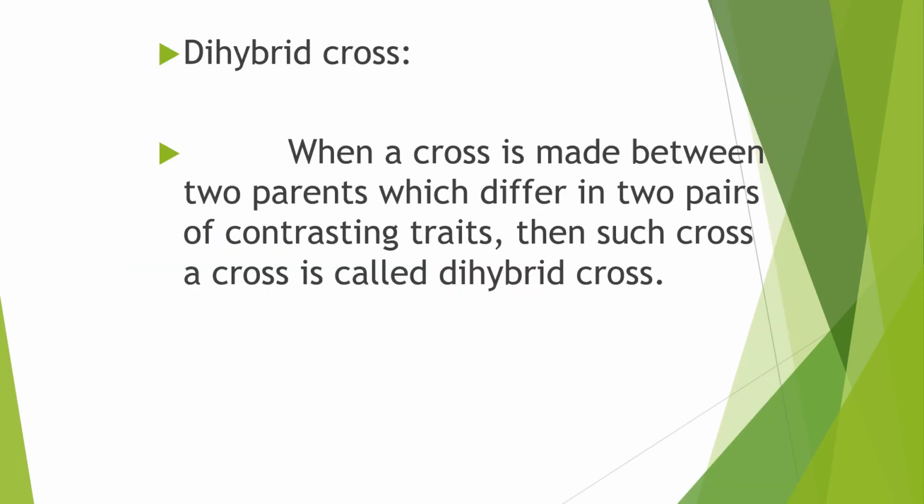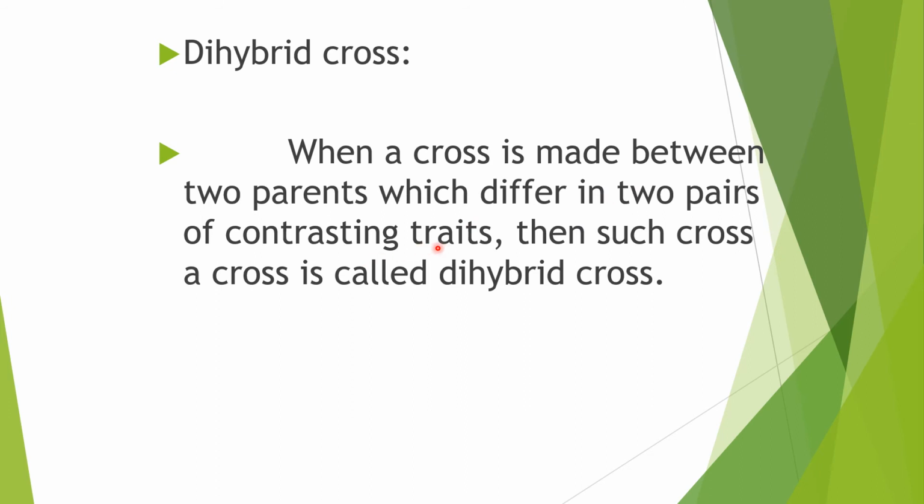Now, let's move on to dihybrid cross. What is dihybrid cross? When a cross is made between two parents which differ in two pairs of contrasting traits, then such a cross is called dihybrid cross.